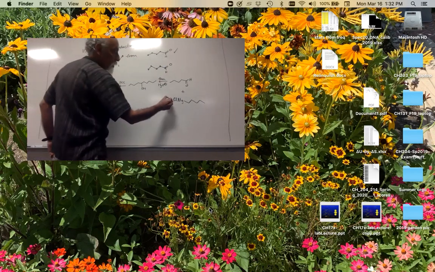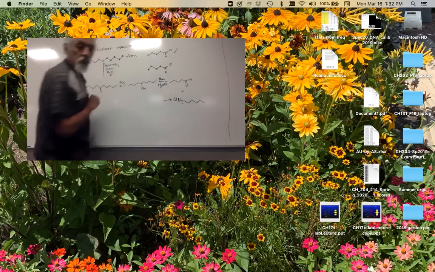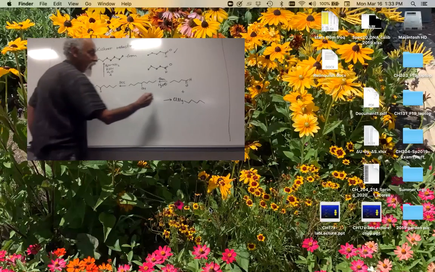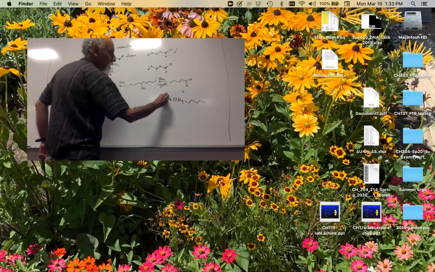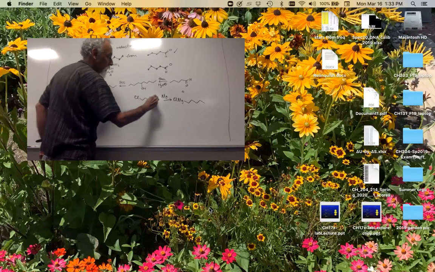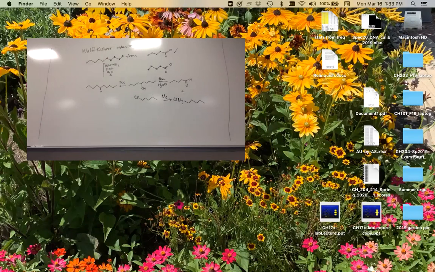Okay, so now this becomes our new target, and doing this retrosynthetically, how do you put MgCl on stuff? You add magnesium to the corresponding halide. So you would need that 1-chloropentane in order to make this Grignard reagent.